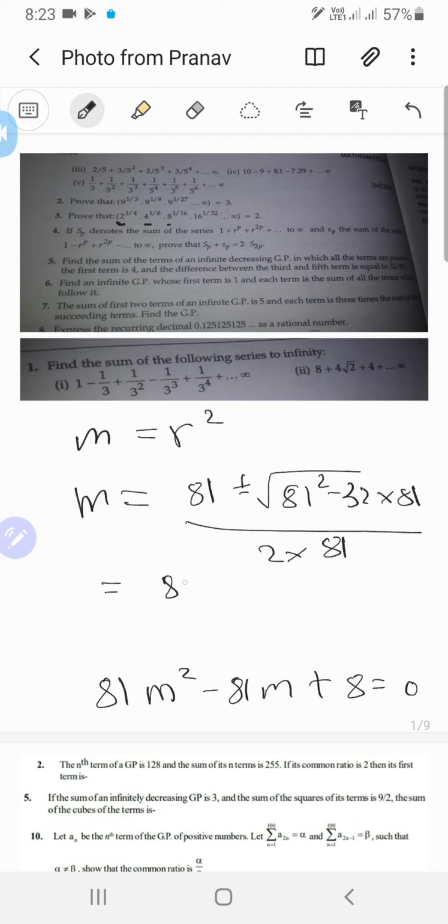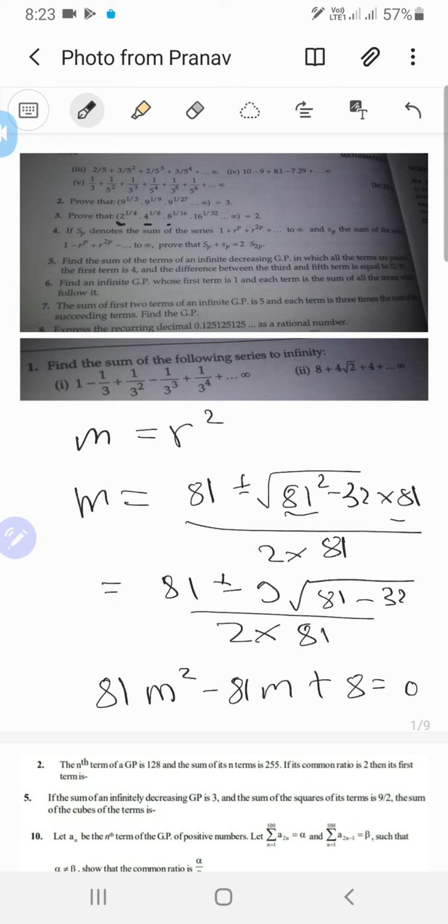Now I'm going to factor out a 9 squared from each of these things. So I will get plus minus 9 square root of, one of the 81 is gone, so 81 minus 32, upon 2 into 81.